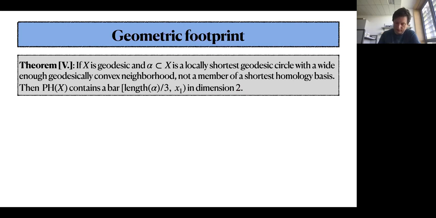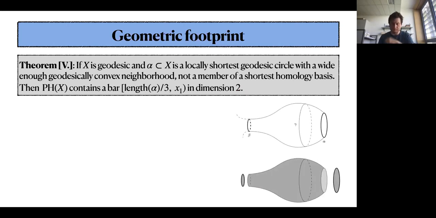So that's funny. Let's take a look at the picture here. So suppose this is my alpha and it's, let's say, homotopic to beta, which is shorter. Well, at length alpha divided by 3, what do we get in Rips complexes? Of course, we get this entire surface of the cylinder between two geodesics.